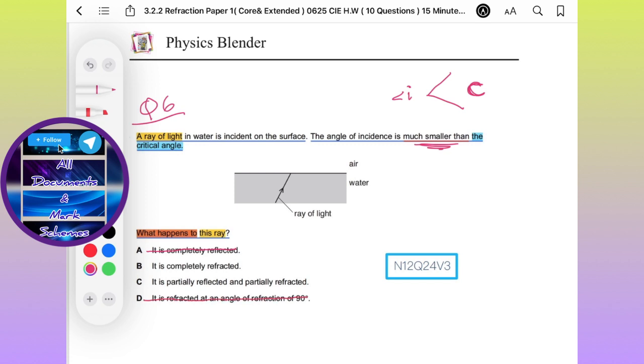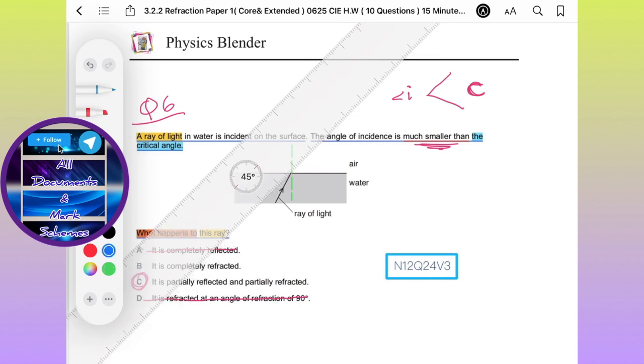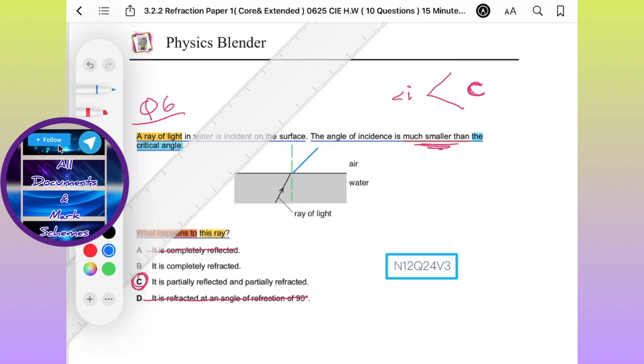No, because the angle of incidence is less than the critical angle, not equal to. So here normal refraction takes place. But the correct answer is C, partially reflected and partially refracted. Why? Because in another question I told you, if we have the normal, it will refract away from the normal. So this will be the refracted ray.